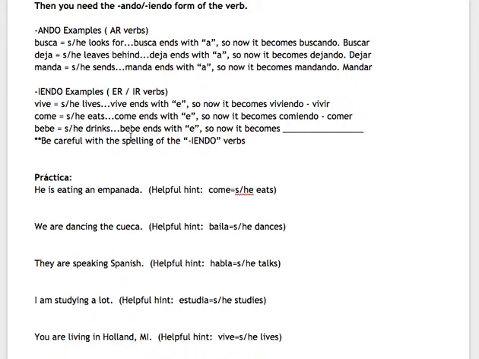Bebe, he or she drinks, ends with E, so it now becomes bebiendo from the word beber. One thing to be mindful of is the spelling of your yendo verbs. Oftentimes people forget to include the I, so make sure that it's I-E-N-D-O.